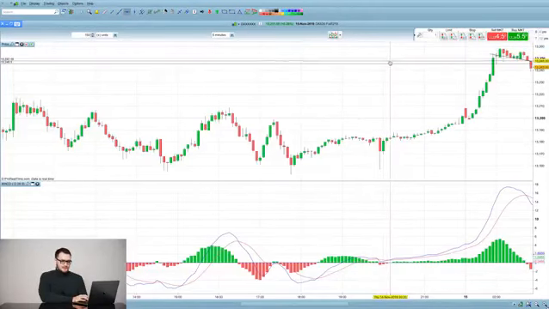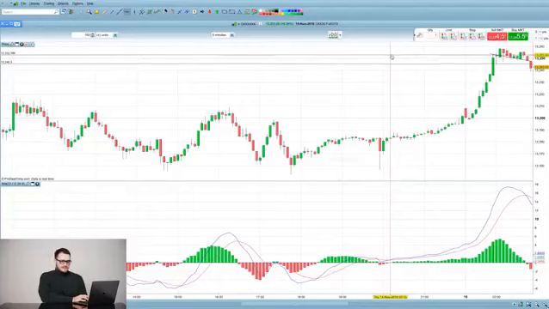If this would be our entry, I would probably have my stop somewhere around here. Well, you could use a 1-point stop, but this is a very risky amount of stop. You still need to give the market at least some room for movement.